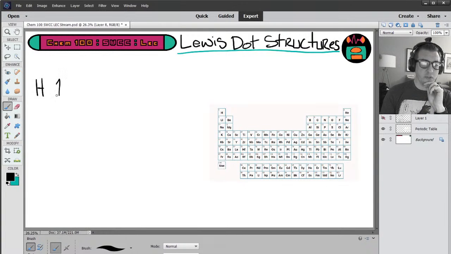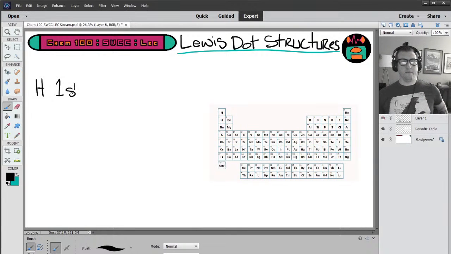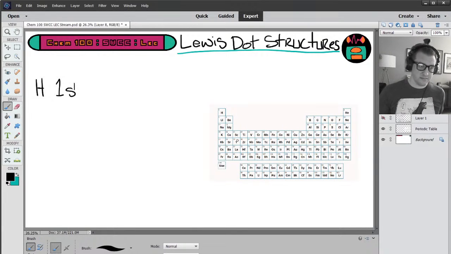So hydrogen, if you look at its electron configuration, is 1s1, right?